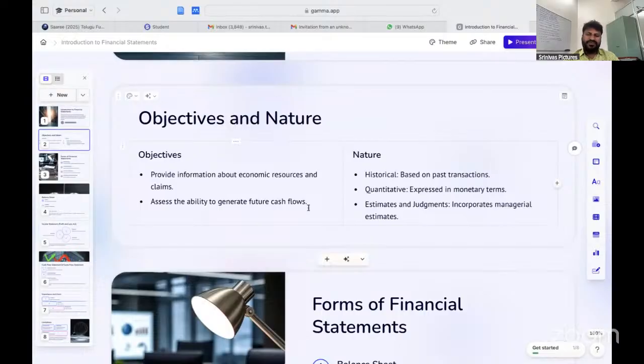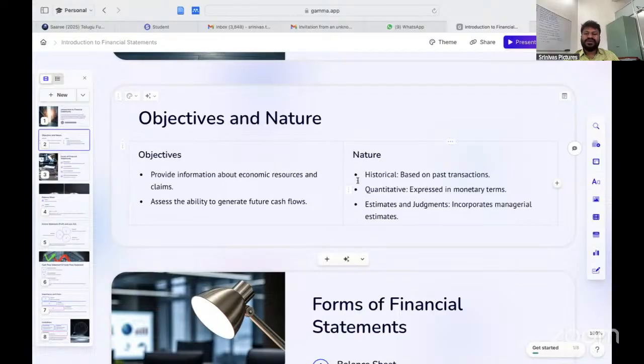It means in future, what cash we require, what inflows there are, and what outflows there are. The movement of cash: where we are going to receive cash and where we are going to pay cash. With the help of this financial statement, we are able to generate that based on the cash movement, for future purposes.